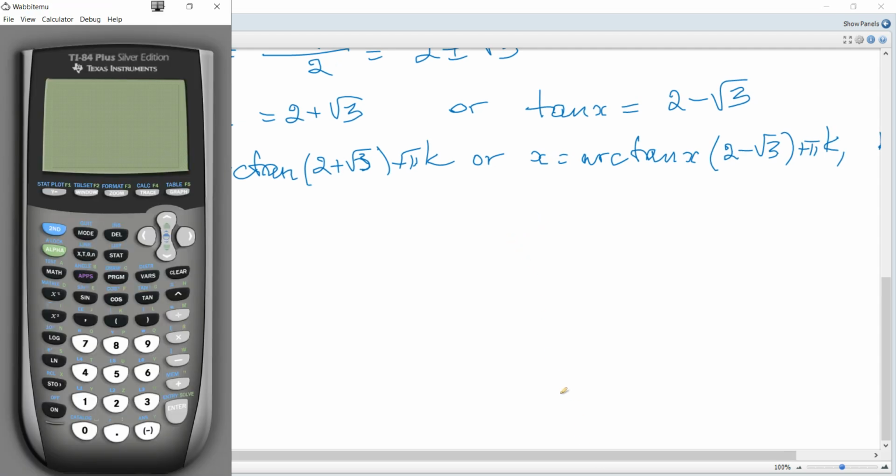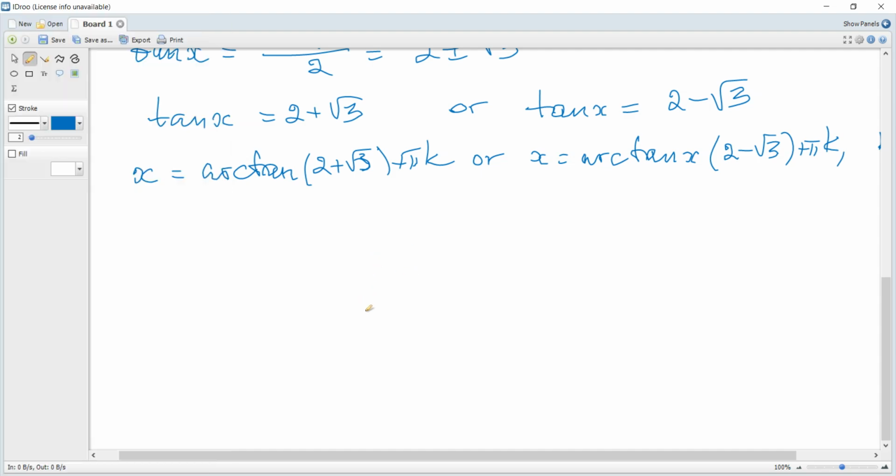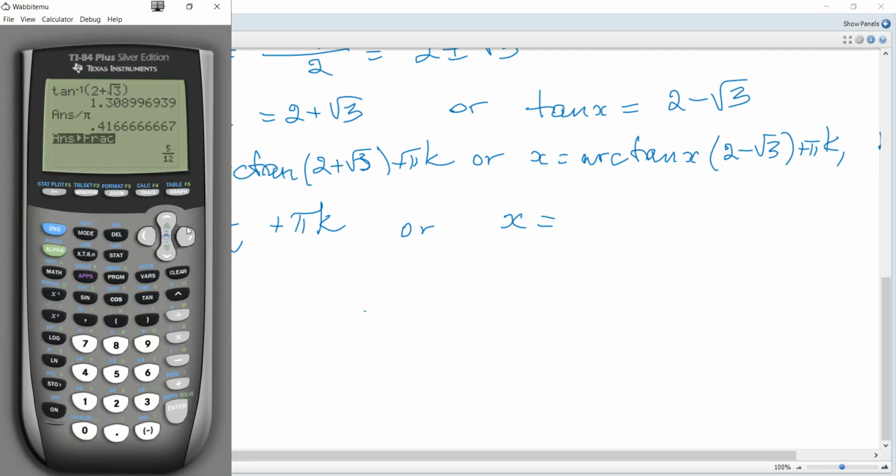And using a calculator, first of all we should check it must be radian mode, and arctan of 2 plus root 3, then since we need in terms of pi, we divide by pi, and then convert into a fraction, we get that it becomes 5 pi over 12 plus pi k, or x is the same but with minus.